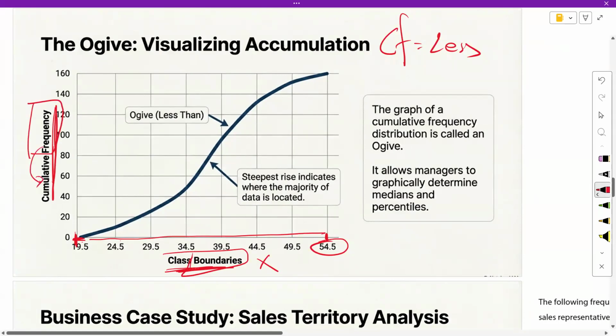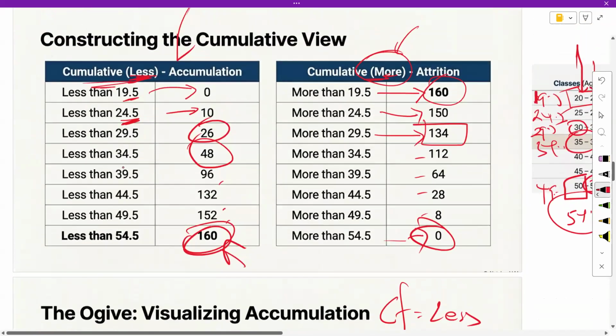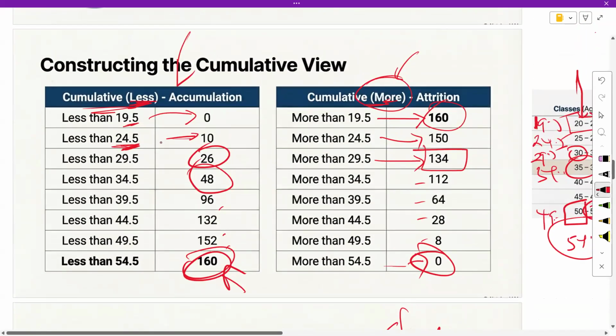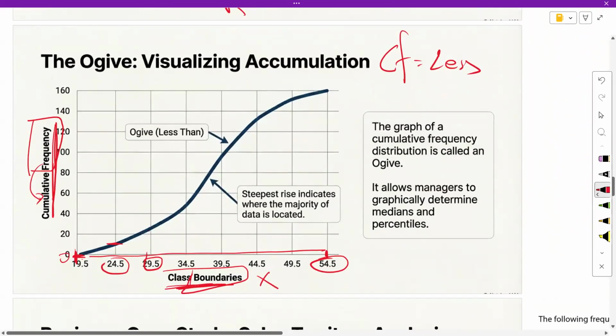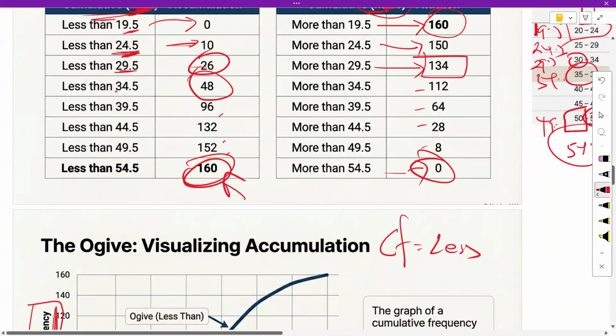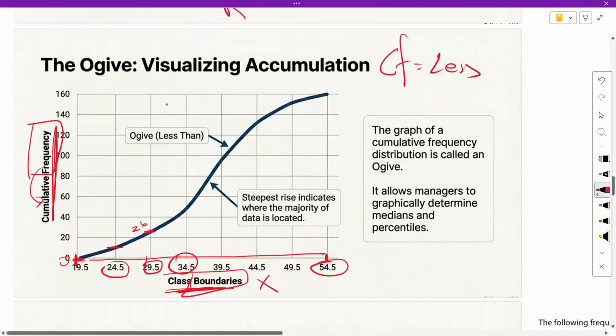Here, cumulative frequency. First, less than 19.5; less than 24.5, 10. Less than 29.5, 26. Less than 34.5, 48.